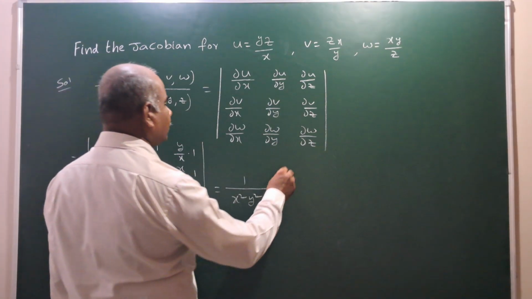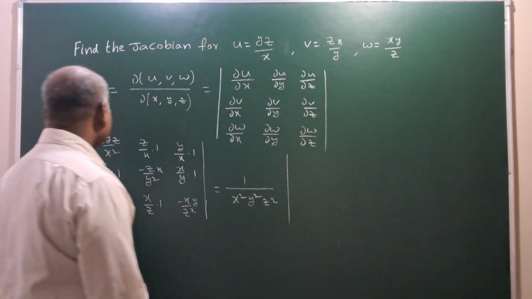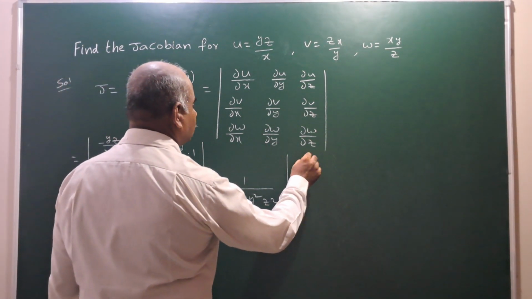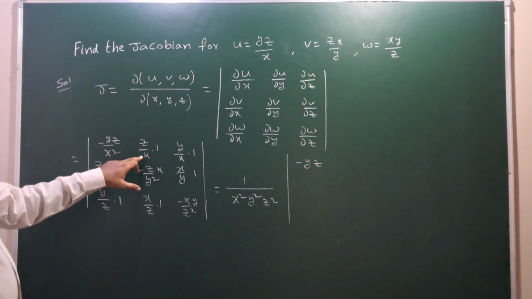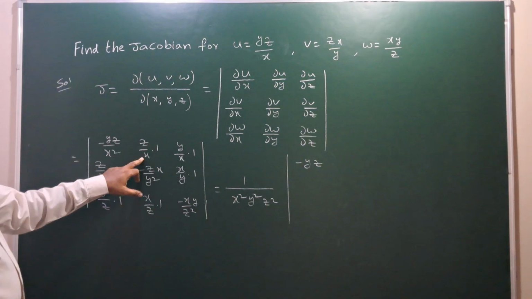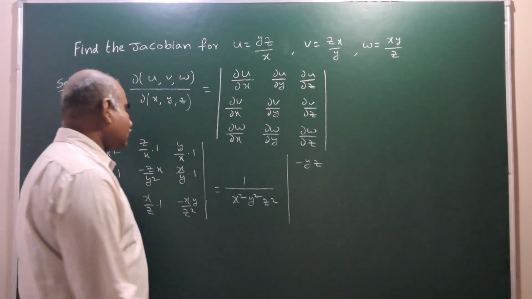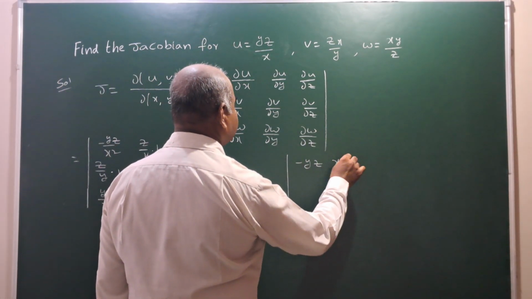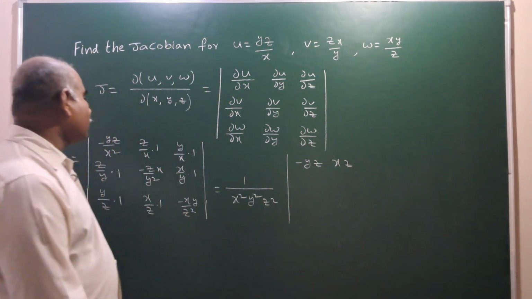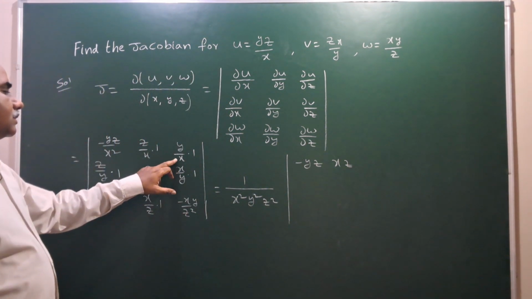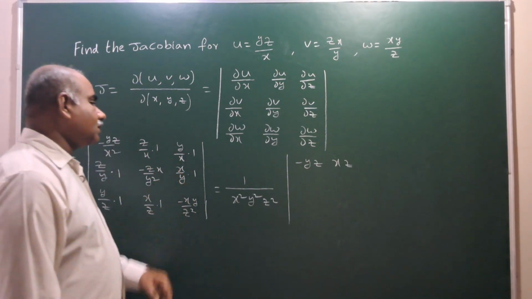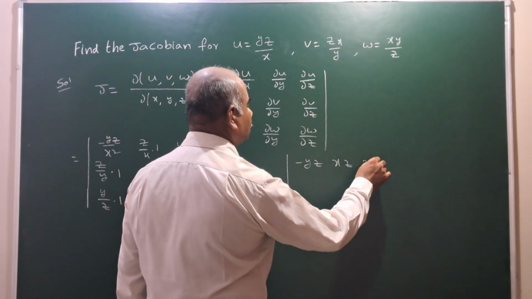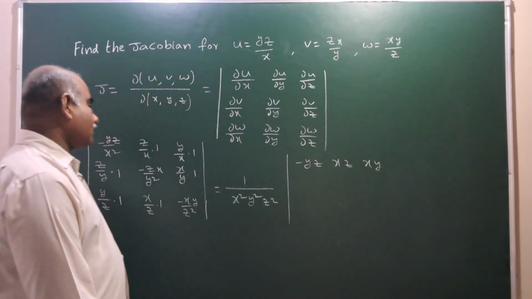Now the first row becomes like this: minus yz. Here x square is there. Here there is no x square, only 1 x, so the remaining is xz. Here also only 1 x is there, but we take x square as common, so it becomes xy. Okay, this is the first row.